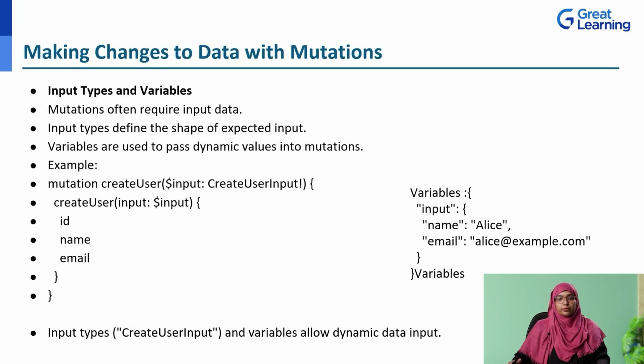So here in your input types, you have your create user input, and in variables, we have your input, that is name and email, as your variables, which are the dynamic input for your name and your email. So mutations often require input types, and these input types help you define the shape of your expected output, and variables help you pass the dynamic values into your mutation.